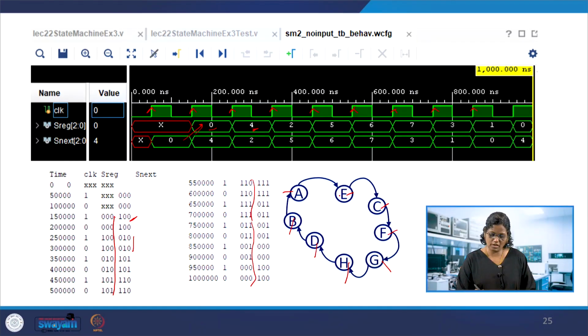So decide the present state and next state, and with respect to the clock edge you can move it. Or the state table can be made with the input: if enable input is 1, move from one state to the next, or if it is 0, stay there. That fashion can also be designed with this type of example.